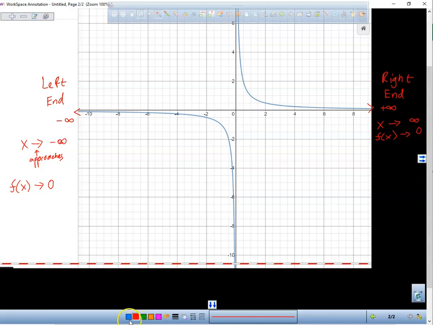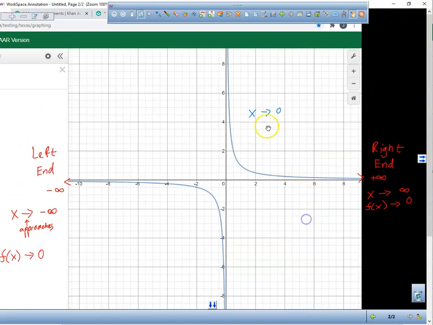So I'm going to change colors here. What's happening as I am going this direction, as I'm approaching what number on my x's? As x approaches 0 from the left, what's happening to all of my y values? As x is approaching 0, what is f of x approaching?